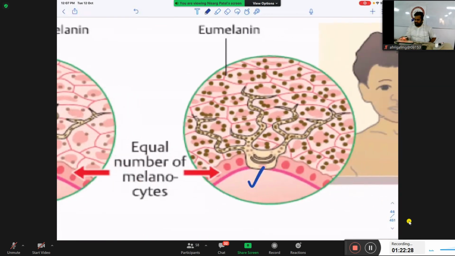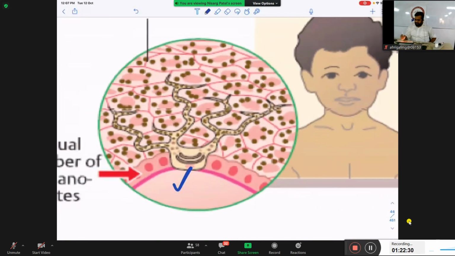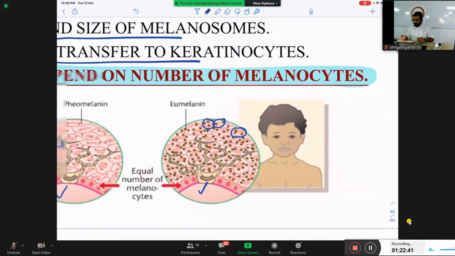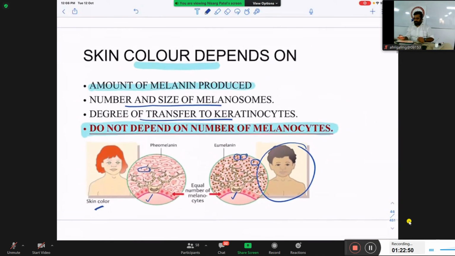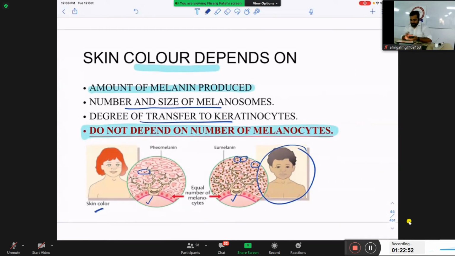But in this boy, there are many melanosomes received, and the content of the melanosome is also higher. There is more melanin inside. So what will happen to this person? This person will have black skin, but comparatively the girl will have lighter, fair skin, right? So it does not depend on the number of melanocytes.